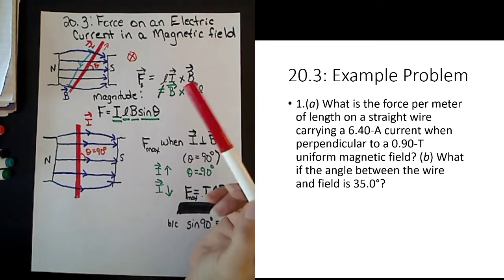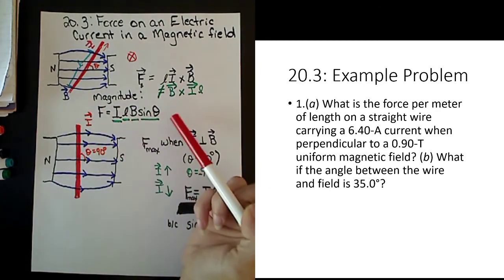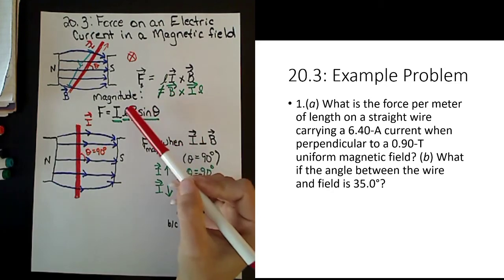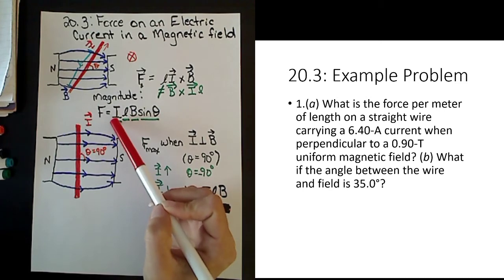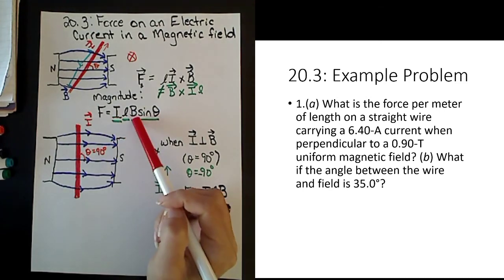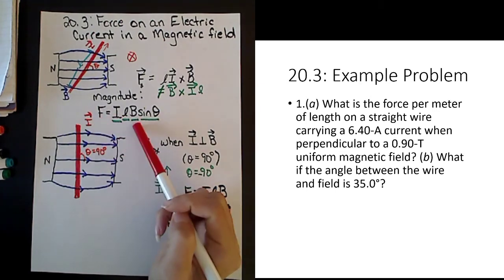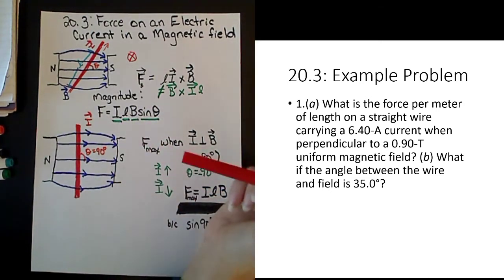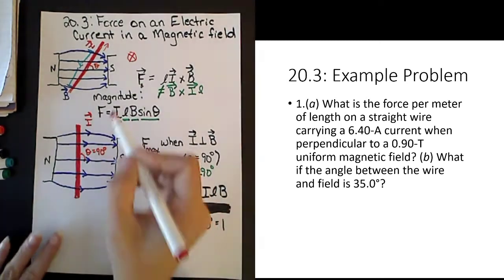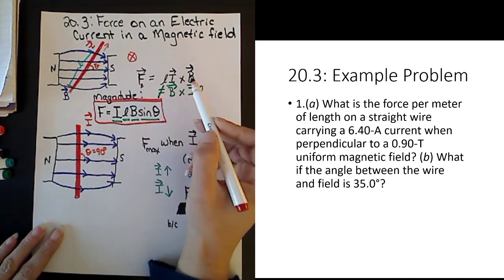But in this case, I want to point out that this equation for the force on a current carrying wire in a magnetic field, your current, your magnetic field, and your resultant force are all vectors, right? But in this equation, we're talking about the magnitude of those vectors. Now, the length of the wire is a scalar, but this equation is the magnitude of a vector product.